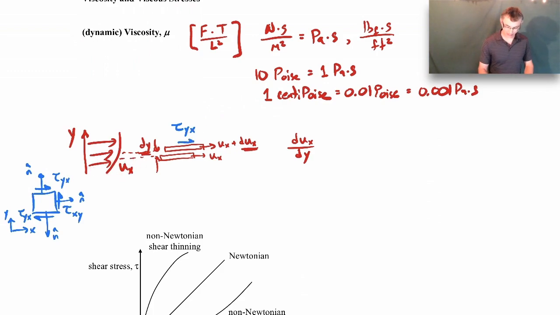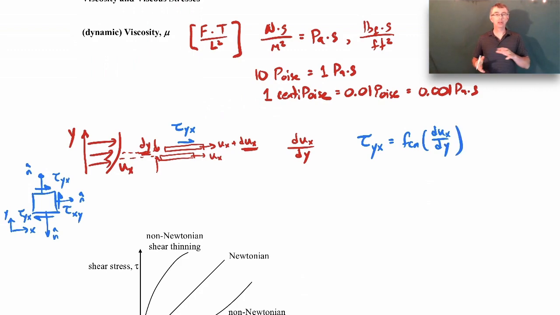So it turns out that shear stresses are a function of the velocity gradient in fluids. So I'll just write that here. So we know tau yx is some function of dux dy. So it's some function of that. You can think about a solid material behaving like a spring. The stresses that it takes to deform that solid material are related to the deformation of the material, right? This is like a spring.